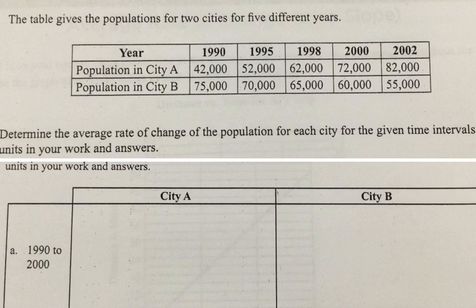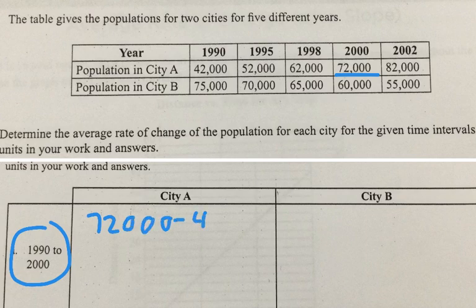So how much did my population change between 1990 and 2000? So what was my ending population in 2000? 72,000. And what did I begin with in 1990? So how much did my population grow by? 30,000 people, right? We can find that by subtracting.